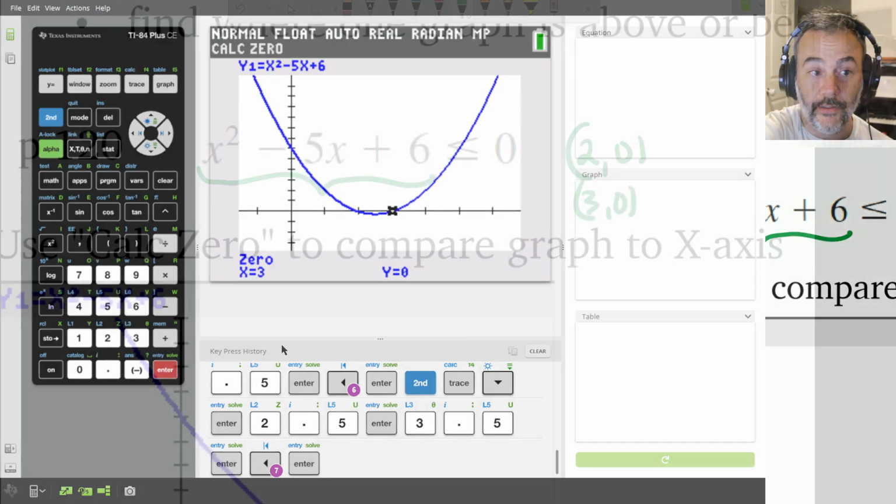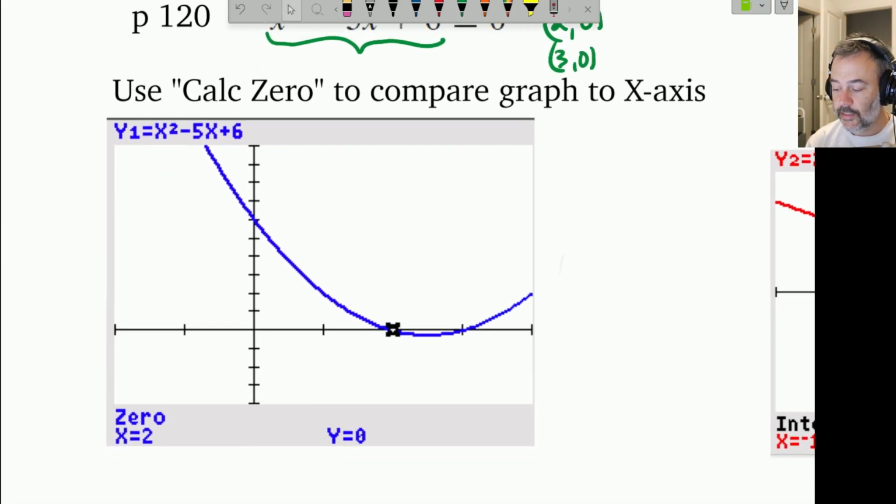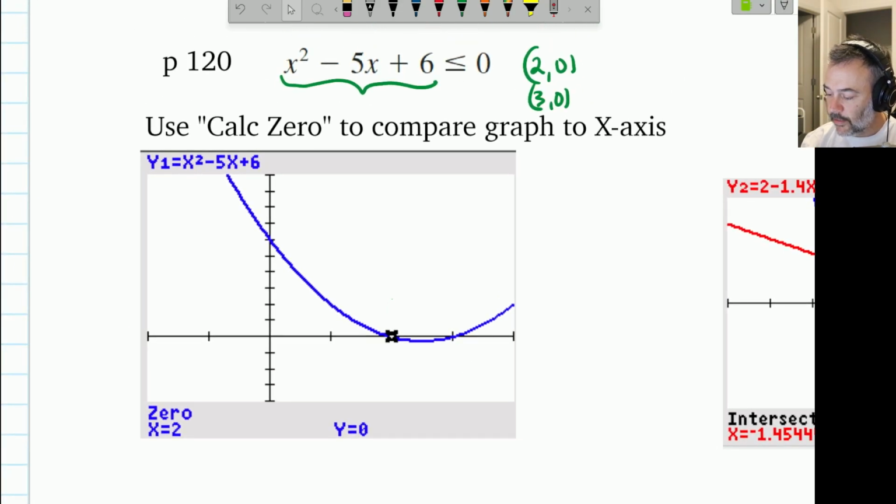Okay, now back to here. So I did my calculator work. In fact, what you see below here is what we just saw on the calculator. So we found that this x value here is 2. The coordinates are 2, 0. This x value here is 3. The coordinates are 3, 0.